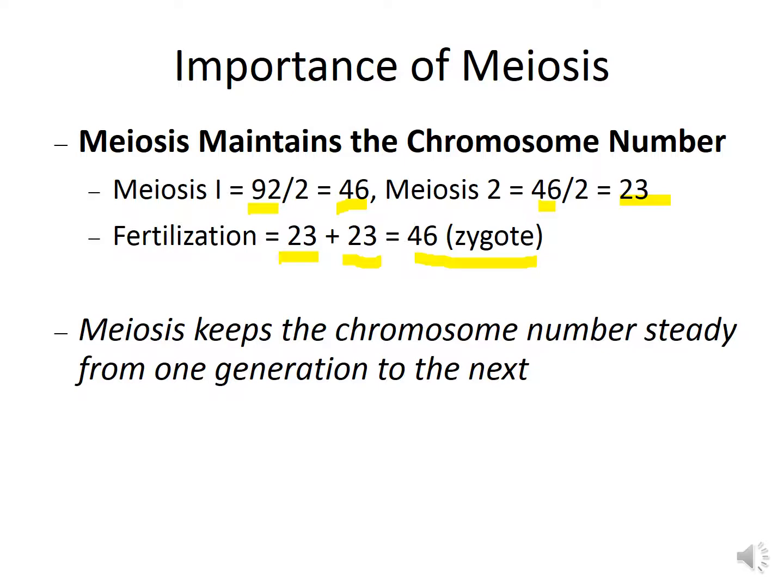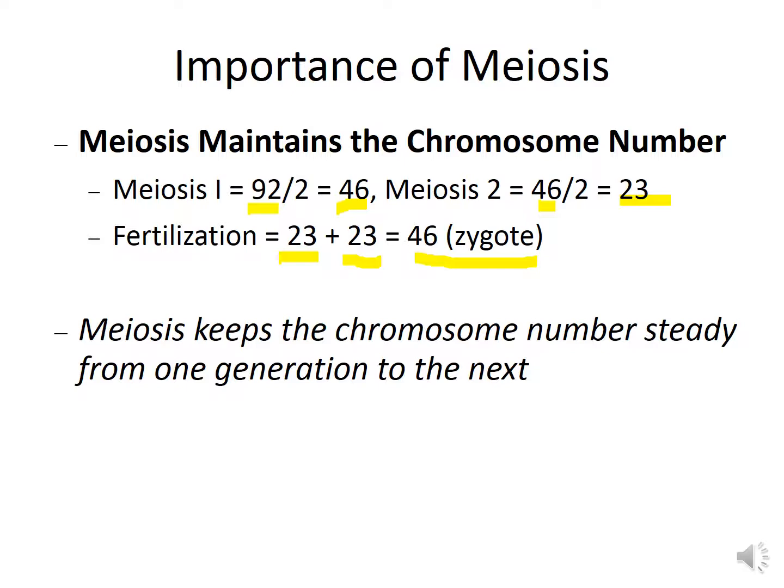If that was then fertilized by another gamete that had 46 chromosomes, well then the zygote, the fertilized egg, would have 92 chromosomes, twice as many. If they also used mitosis to produce gametes, they would have gametes with 92 chromosomes inside. And then that would get together with either one with 46 or another one with 92. And so the next generation's bodies would have even more chromosomes.